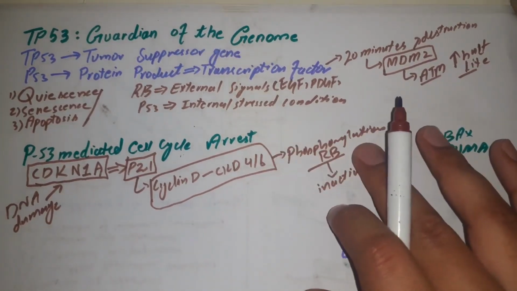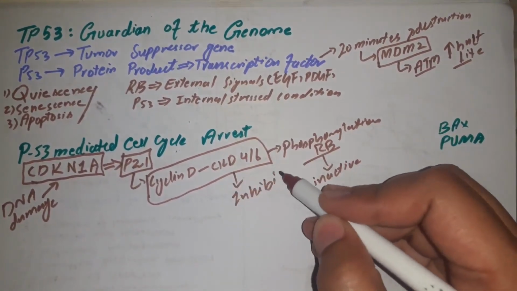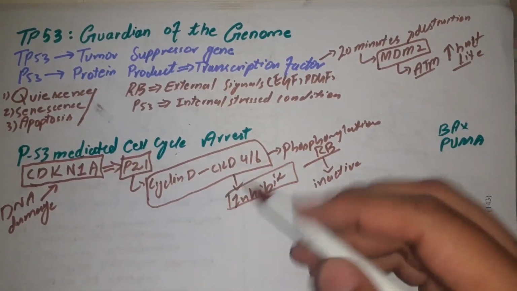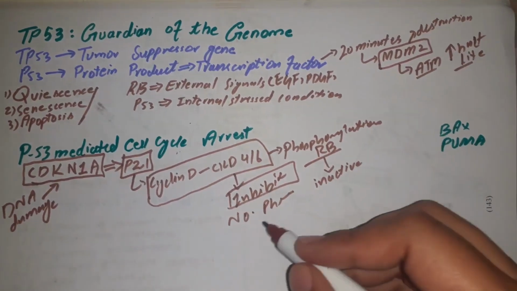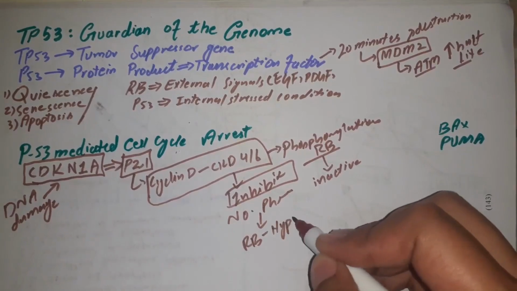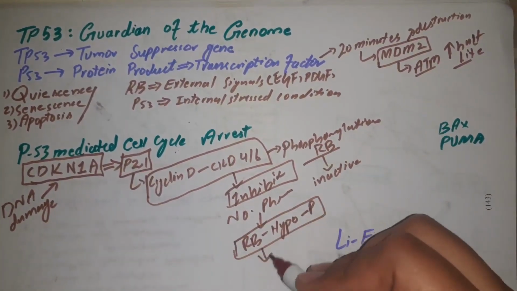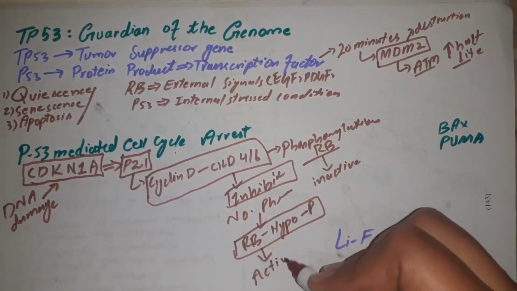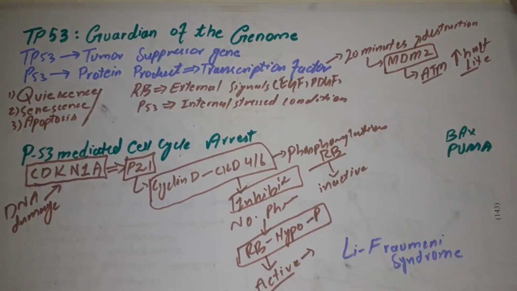Normally it leads to phosphorylation, but when it got inhibited by P21, there was no phosphorylation, and retinoblastoma remained hypophosphorylated, and in the hypophosphorylated state, retinoblastoma is active. Active state of retinoblastoma is the hypophosphorylated state, and when it was active, it holds the E2F transcription factor and cyclin E production is reduced, and there is the arrest of the cell cycle.